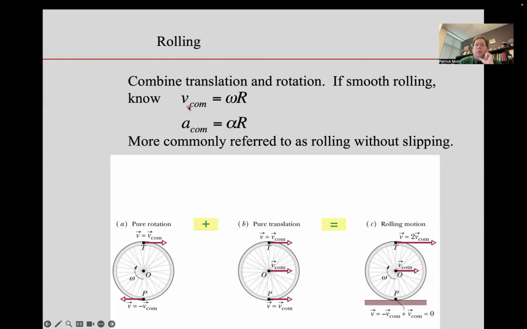So the velocity of the center of mass is the angular speed of the wheel times the radius of the wheel. And the acceleration of the center of mass is going to be the angular acceleration of the wheel times the radius of the wheel. Okay.